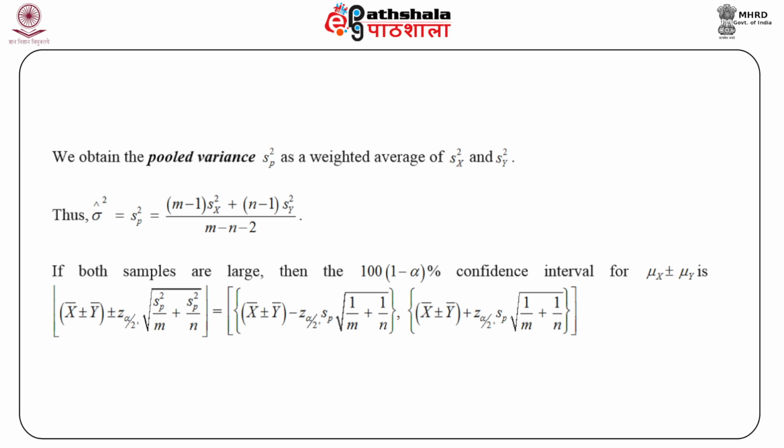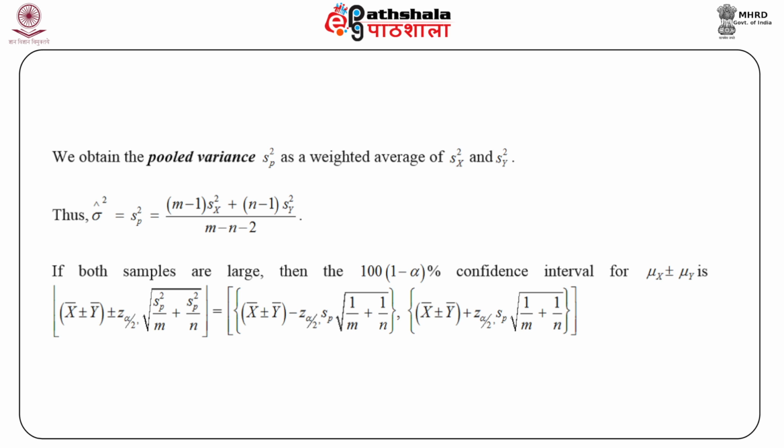If both samples are large, then the 100 times 1 minus alpha percent confidence interval for mu x plus minus mu y is written as, in brackets, x bar plus minus y bar plus minus z alpha by 2 times the square root of s square p by m plus s square p by n.